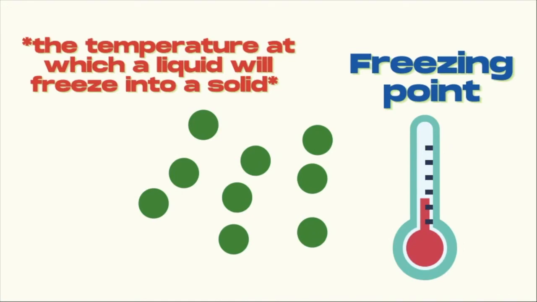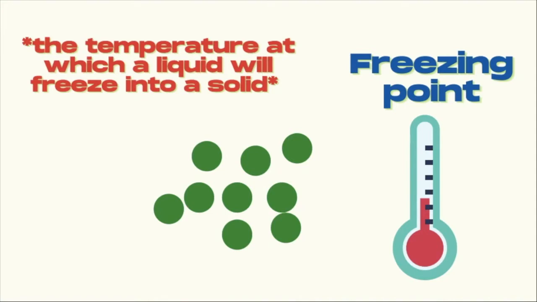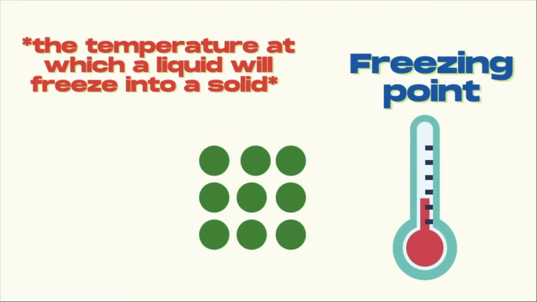And so if this happens even more, if we take the temperature down, we will eventually reach what we call the freezing point. That's going to be the temperature at which a liquid will freeze into a solid. And those molecules will lose energy. They will move closer and closer and closer again until they are in the solid state.